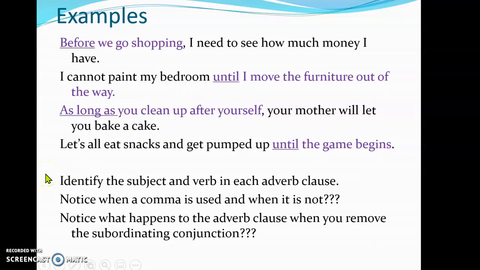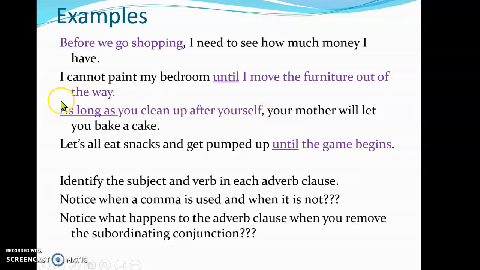Can you notice and make up a rule as to why you would use commas in certain situations with adverb clauses and not in others? You noticed that whenever you had the adverb clause before the independent clause, you need a comma.